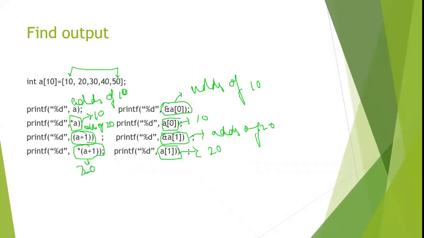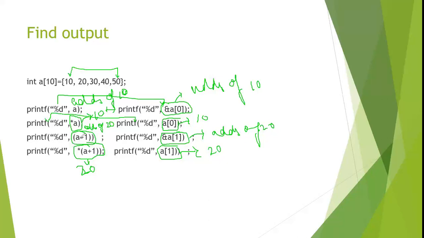Did you understand all this? So see, this is the relation. If I write printf %p A and if I write printf ampersand A[0], it is the same. They both are the same. And if I write printf *A and if I write printf A[0], they both are the same.